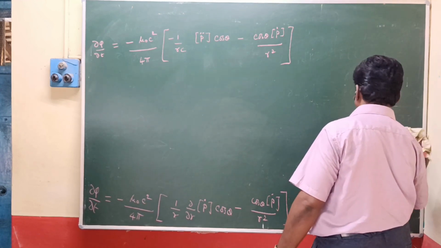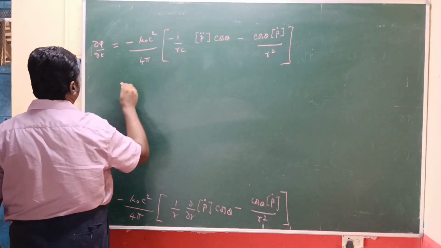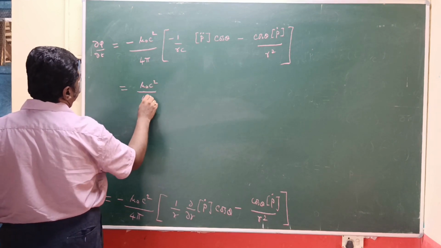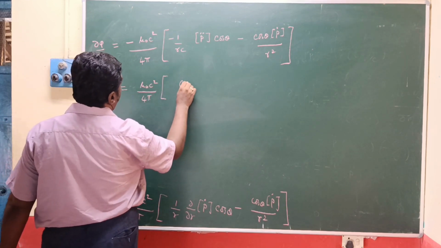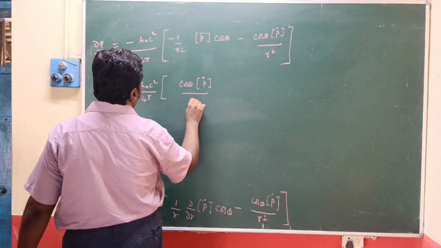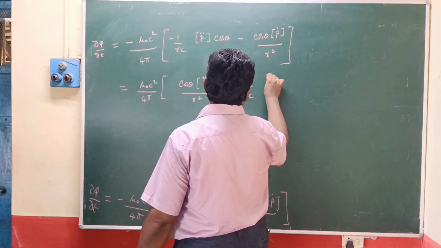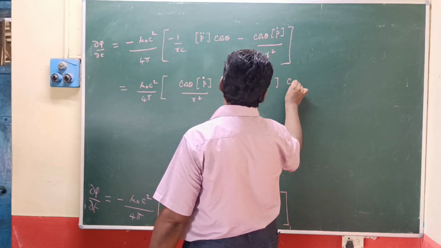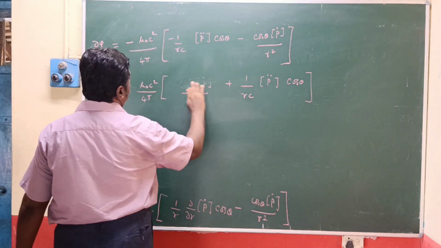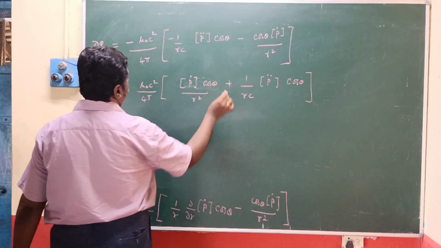Now we have to modify this further. Allow the negative sign to operate on all: μ₀c²/4π [cos θ p single dot divided by r² plus 1/(rc) [p double dot] inside the square bracket into cos θ]. Then we may write this one as p single dot into cos θ for our convenience.